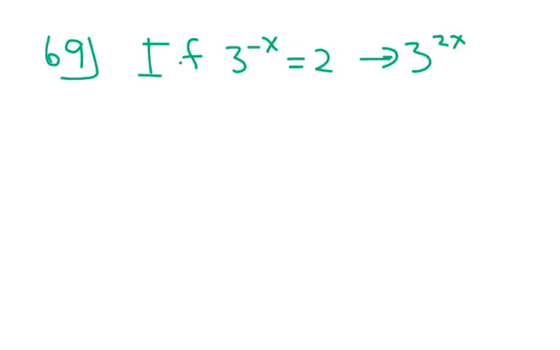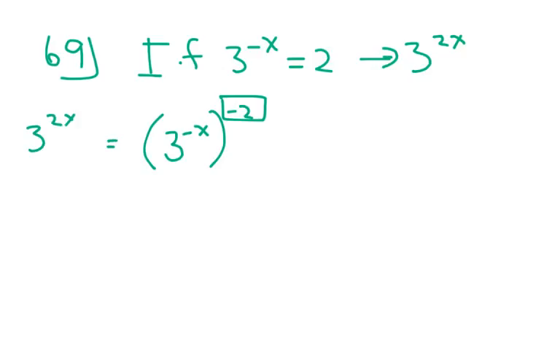So basically I know what 3 to the negative x is, so I'm going to write it this way. Now what can I put here to make that a 2x? Right, negative 2. Because negative 2 times negative x would be 2x. So I already know what 3 to the negative x is. That's 2. So 2 to the negative 2 equals 1/4.